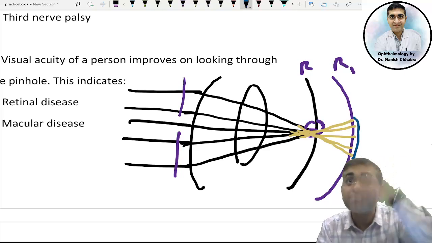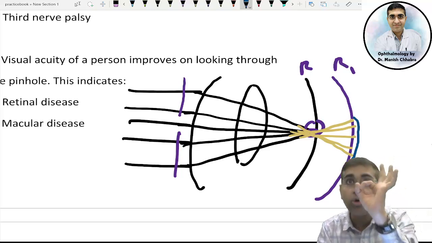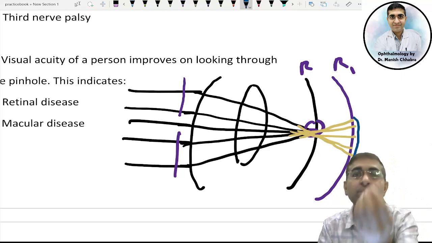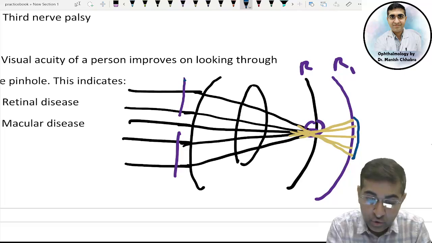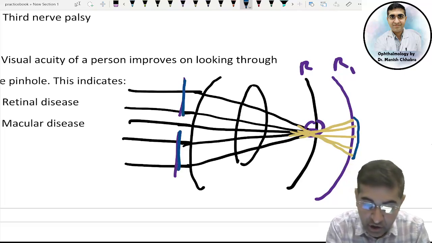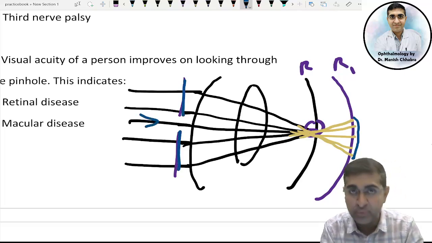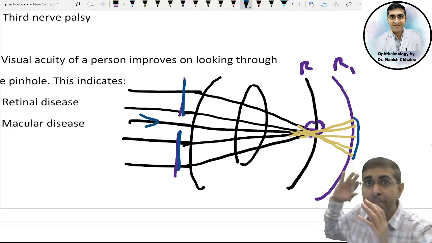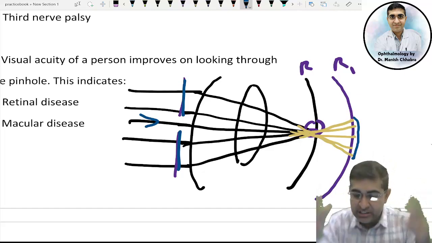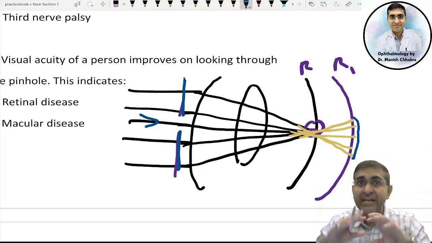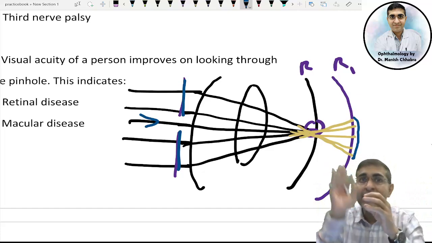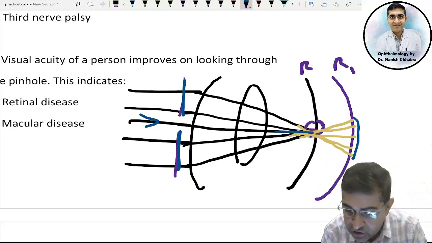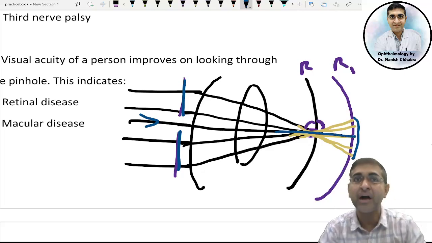But if you place a pinhole, a small occluder with a small hole of approximately 1 millimeter or 1.2 millimeter diameter, it is going to obstruct the peripheral light rays, which allows only the central light ray to pass through. Now can you see that even if there is backward movement of retina due to increase in the axial length, all the rays are getting focused on other points on the retina, but the central light ray is going straight, and it is not taking part in the refraction.